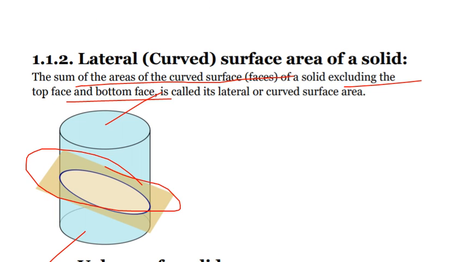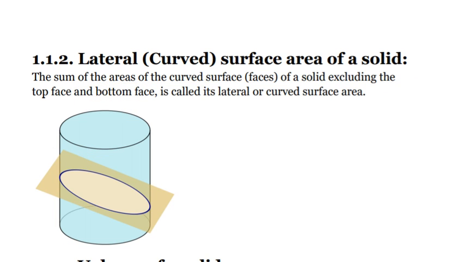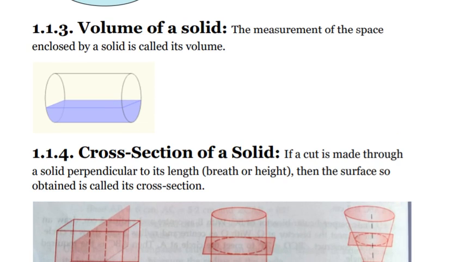And the last one is volume. See here, volume. The measurement of the space enclosed by a solid is called volume. That means suppose in a water pipe you have to find the quantity of water.